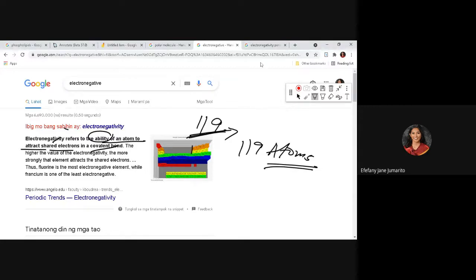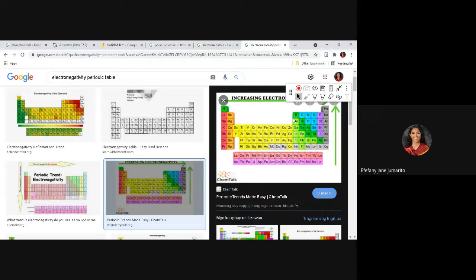So in a periodic table, there are metals.